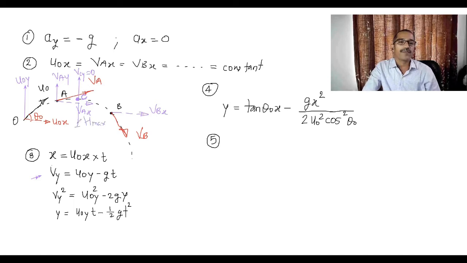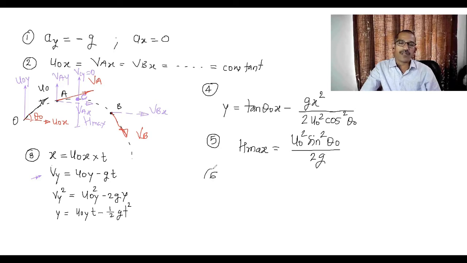Applying the equation from O to C and substituting the vertical component of velocity as 0, we get the maximum height formula. To derive this formula, we just equate the vertical component of velocity to 0. So h max is u0 square sine square theta 0 upon 2g.